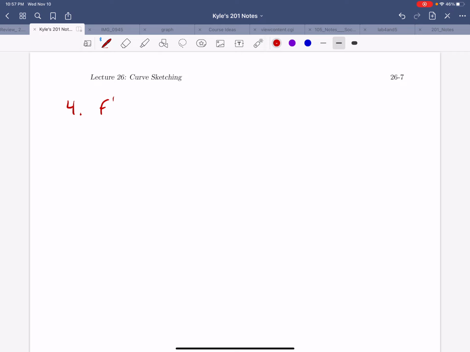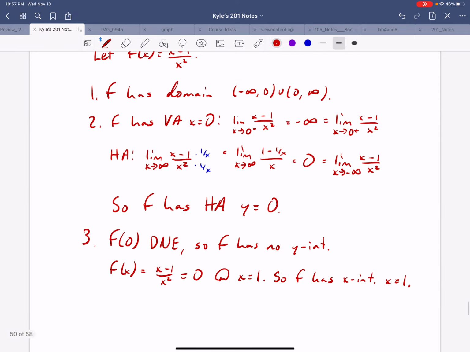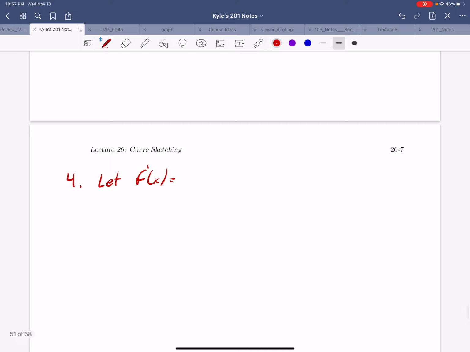So we're going to find the derivative and let the derivative equal 0. Let f prime of x, was that x minus 1 over x squared? So that's going to be low d high minus high d low all over low squared.